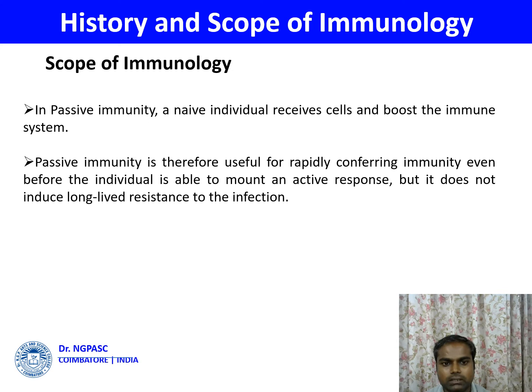Passive immunity is where a naive individual receives cells and boosts the immune system. Passive immunity is therefore useful for rapidly conferring immunity even before the individual is able to mount an active response, but it does not induce long-lived resistance to the infection.